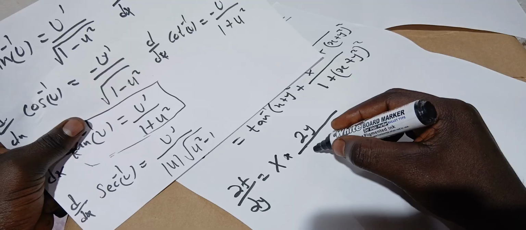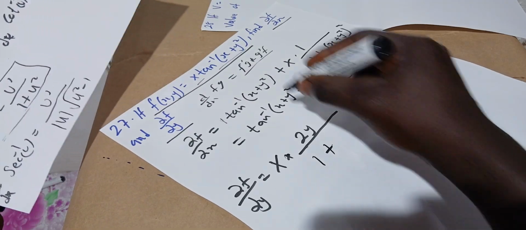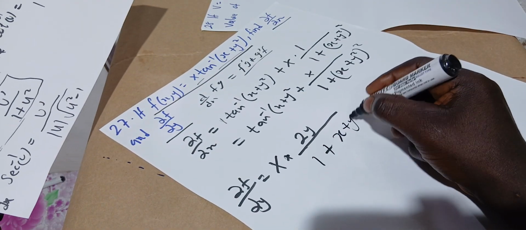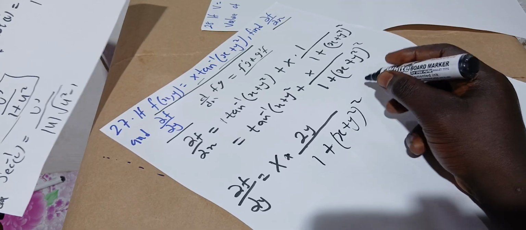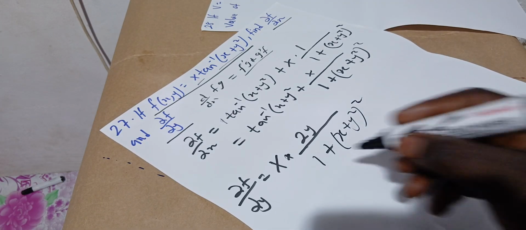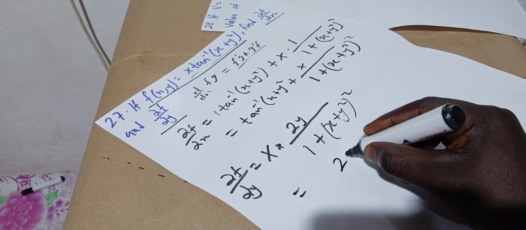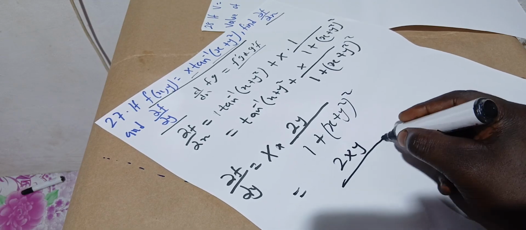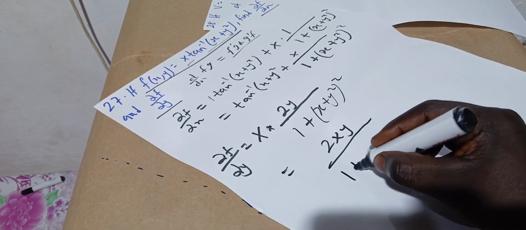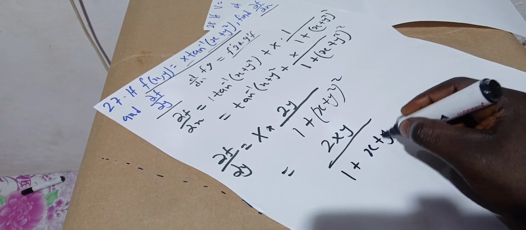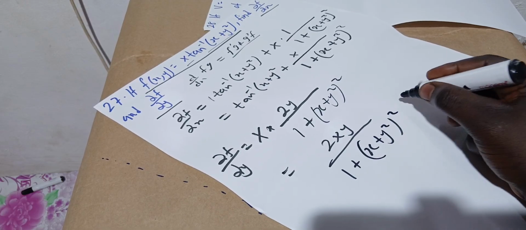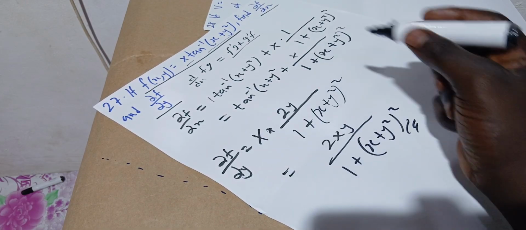So we have 1 plus u squared, which is (x plus y squared) all squared. So we can further simplify this as x multiplying 2y gives us 2xy all over 1 plus (x plus y squared) all squared. So that is for the f dy.